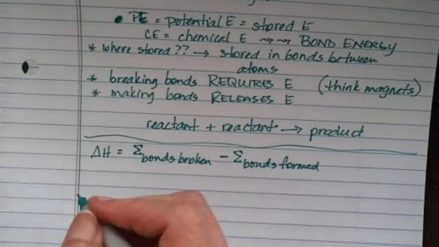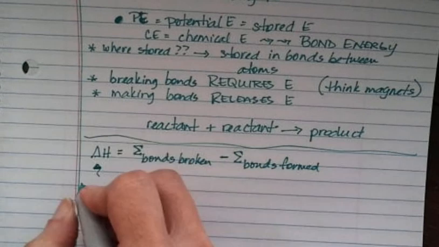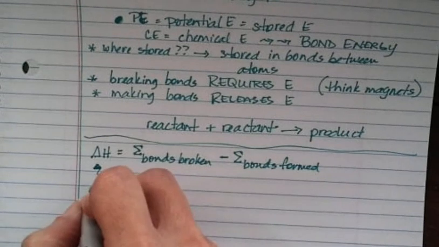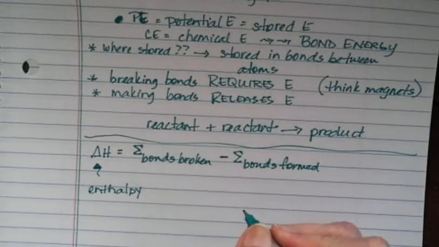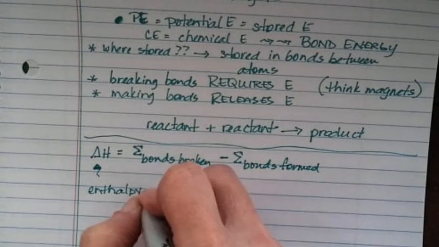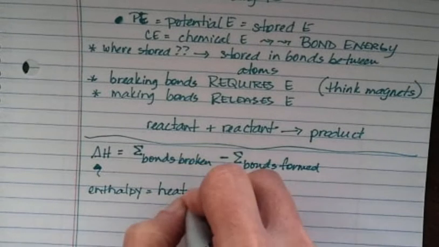So the first thing I want to point out here is this thing right here. Delta H is enthalpy. Weird word, enthalpy. Enthalpy is the heat associated with a chemical reaction.